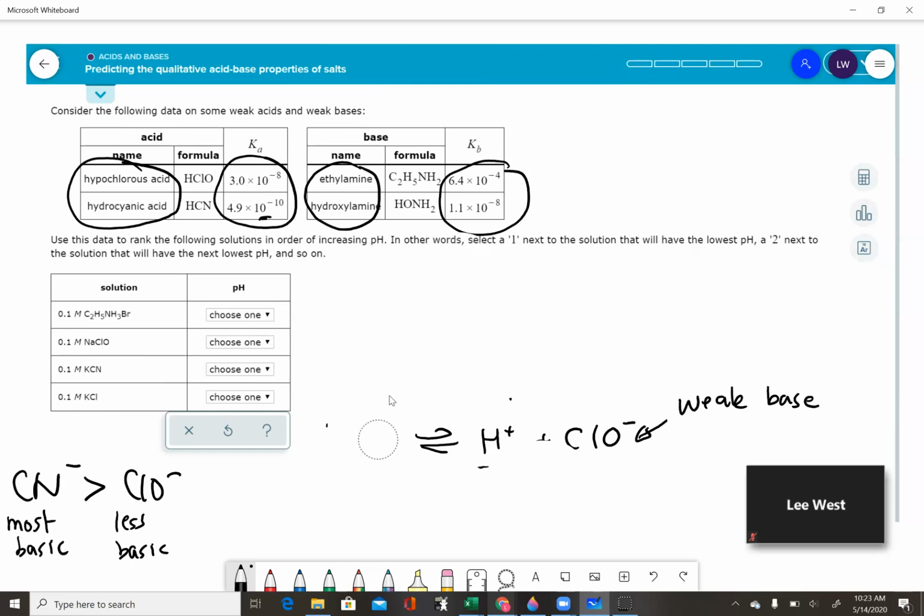Now let's see if we can figure out what's going on with the cations, because an ionic compound or a salt has both cations and anions in it. So that's when we have to look at the bases.